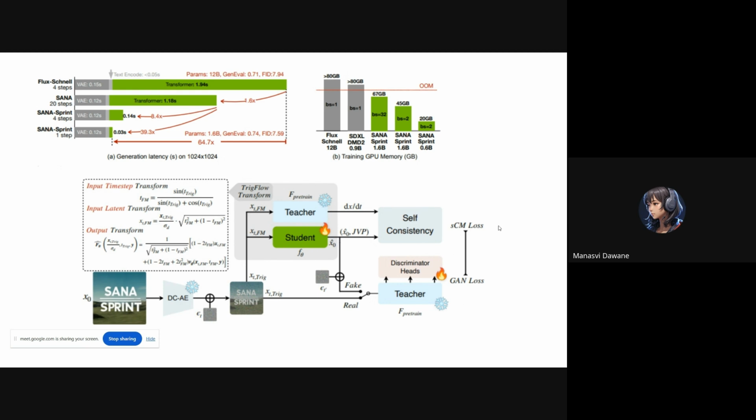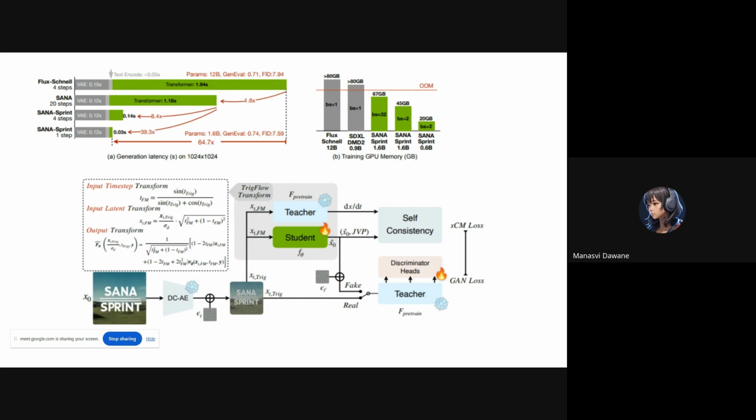Now this has two loss functions: SCM loss and GAN loss. SCM loss is self consistency. So for the student output, if we take any frame at any time step, and plus we take another time step from anywhere, then for both time steps the X0 should be the same.